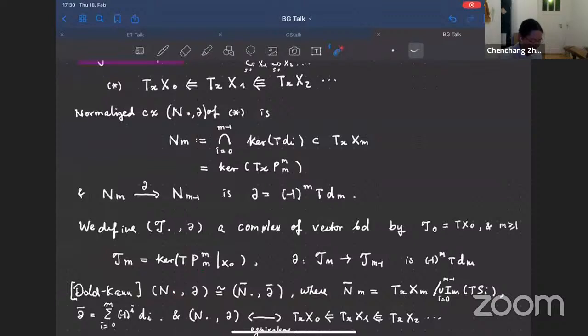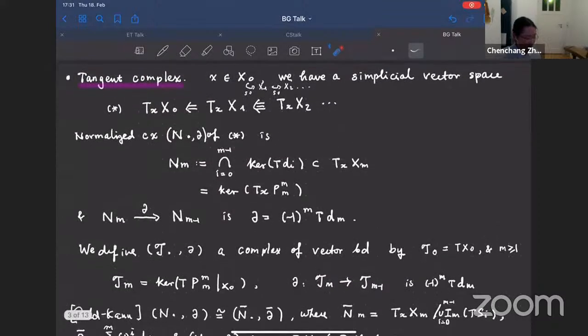We can then define the complex of vector bundles by taking the kernel of the last horn projection and restricting to X0. So it will be a complex of vector bundles over X0. The differential is still this last face map. That will give us this complex of vector bundles, and that is the tangent complex of X.